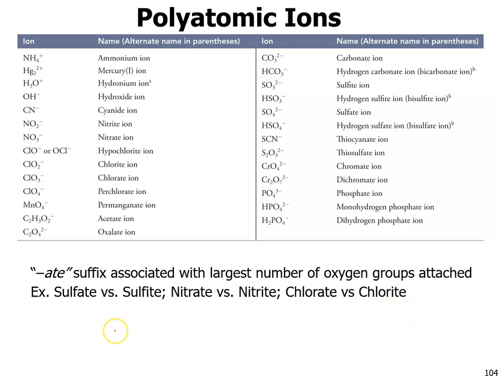You'll notice that the number of oxygens with the -ate ending is larger. It's really worth taking note of that, because I've had people make the wrong solution because they were supposed to make a chlorite solution, and instead they made a chlorate solution, and then the chemistry doesn't work because you picked the wrong solution. So it actually really does make a difference.